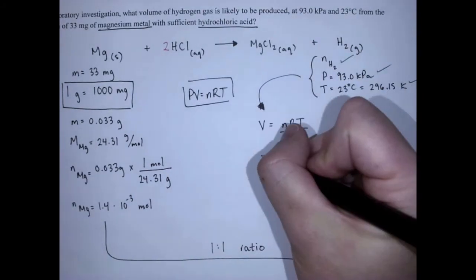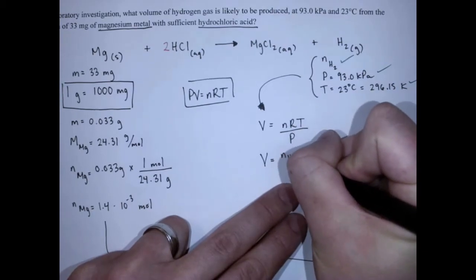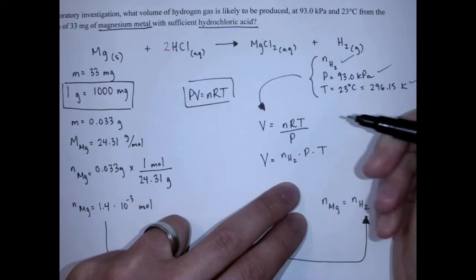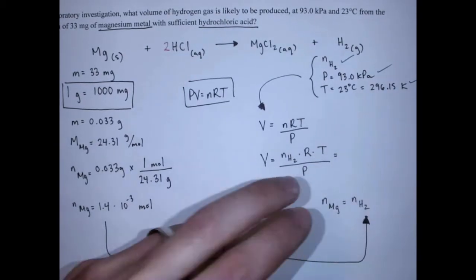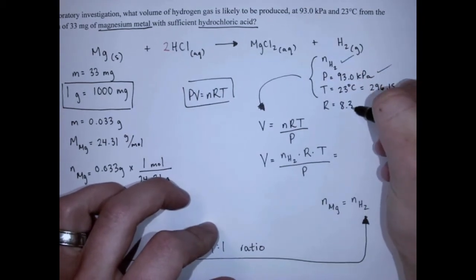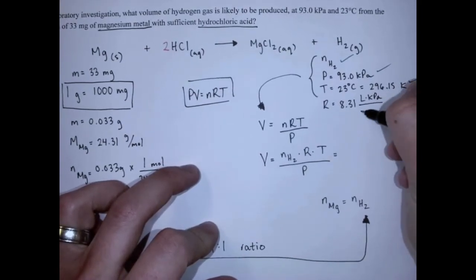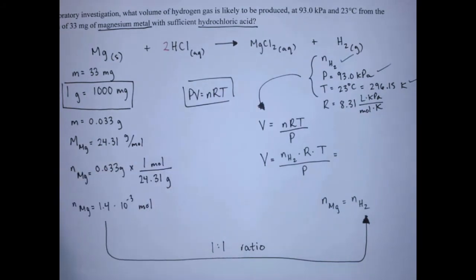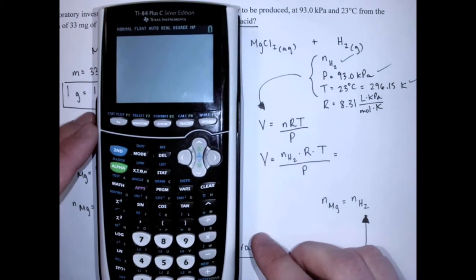All right, so I can plug all these numbers in. So I'm not actually going to write down every single number here. Oh, that should be an R. So the ideal gas constant, in case you forget, it's 8.31. Units are liters, kilopascals, per moles times Kelvin. All right, let's put all this stuff in.